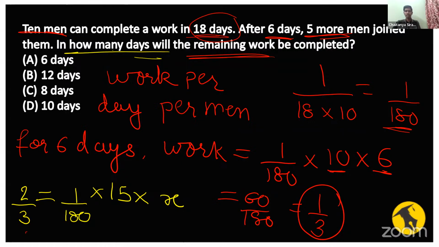So you can solve this pretty easily. If I divide by 3, I'll get 60. If I divide this, I'll get 4 here. So X equal to 8. All right.